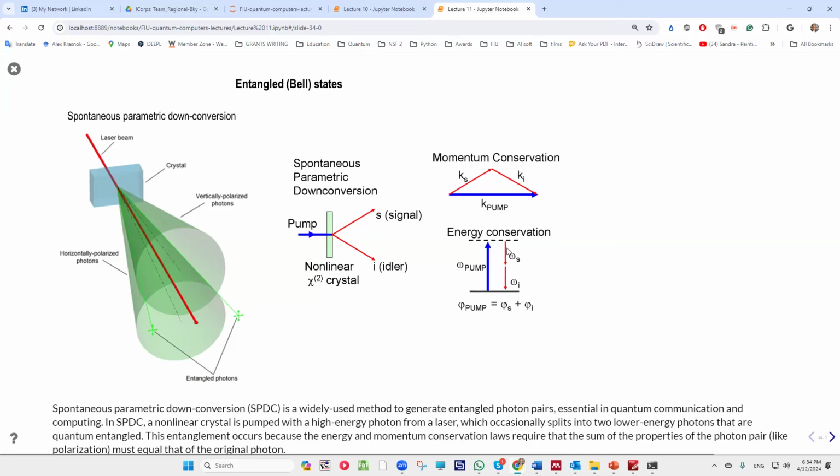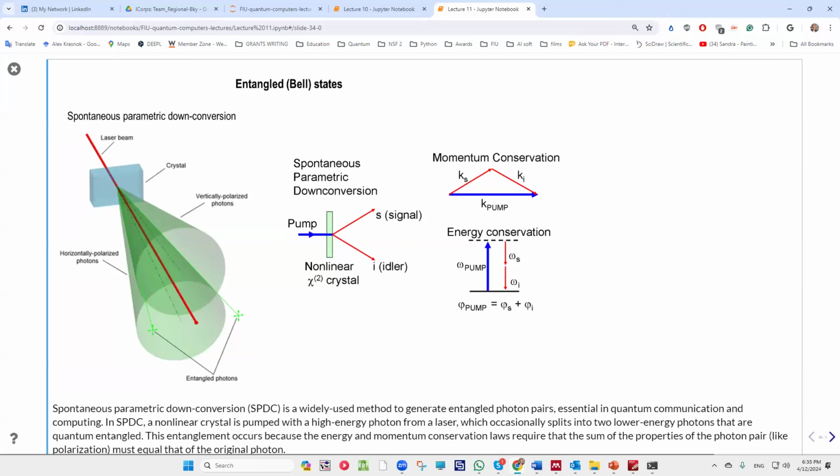Energy conservation is simply the fact that the frequency of the initial pump beam must be equal to the sum of the frequencies of the products. Okay, and this momentum conservation and energy conservation imply that these two generated photons will be entangled.